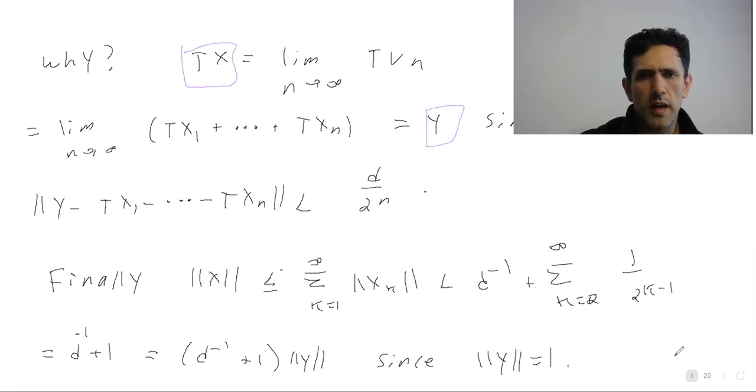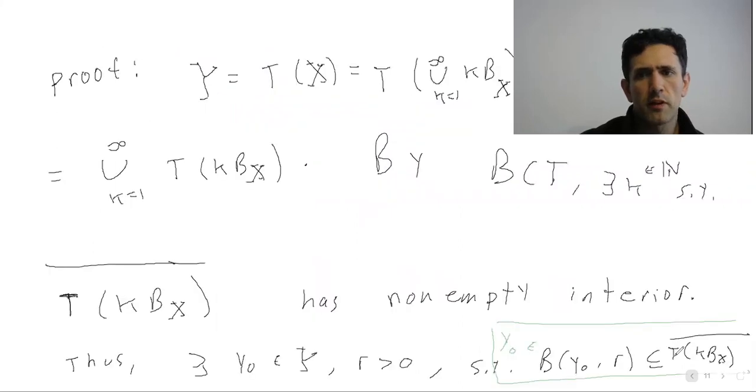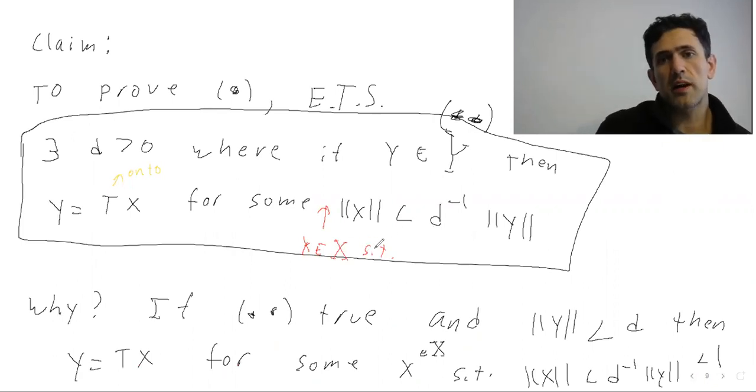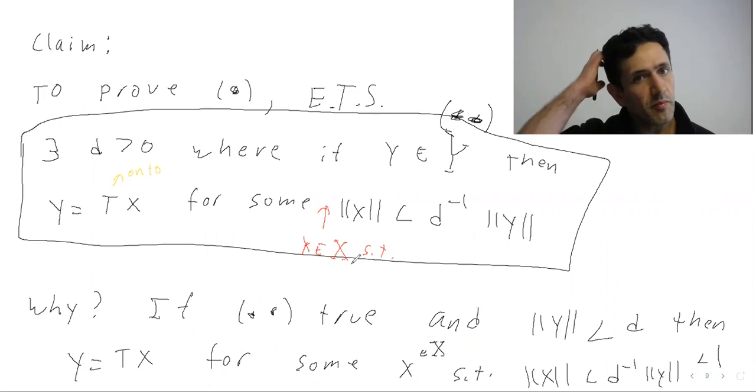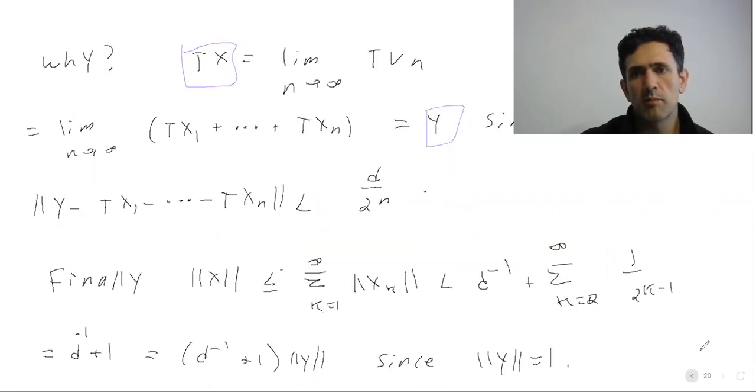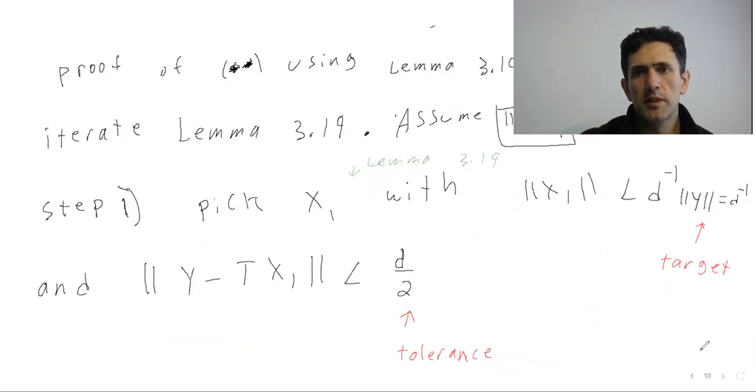So as long as y has norm 1, with the slightly different d, we're done. This is exactly what we need to prove. I'll leave it for homework to prove this in general, to eliminate the assumption that y has norm 1, as I mentioned before. It's really a very easy play around with linearity.